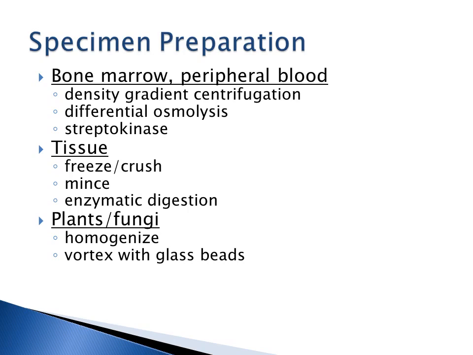You may have to do a density gradient centrifugation or differential osmolysis, things like that, before you actually get the correct cells to extract from. Your tissues, you may have to digest the tissues, mince them, break them up into small pieces. Plants, you might need to homogenize or break them up with glass beads.